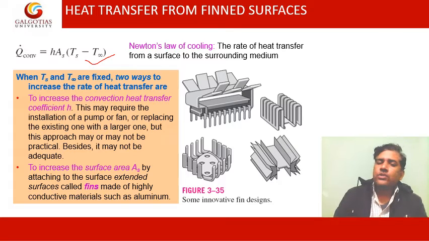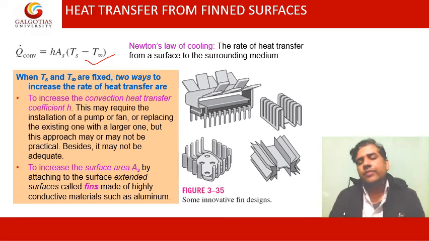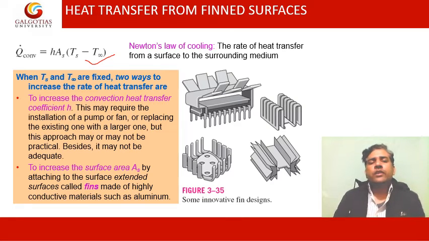These are used for heat transfer mostly in refrigerators and air conditioners. You have seen many finned surfaces, and the purpose of those finned surfaces is to increase the heat transfer rate.